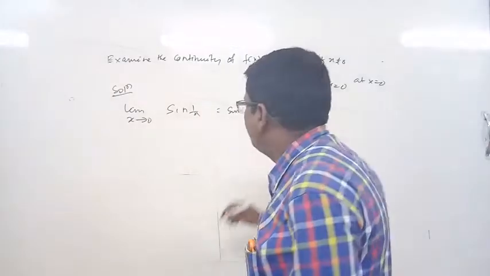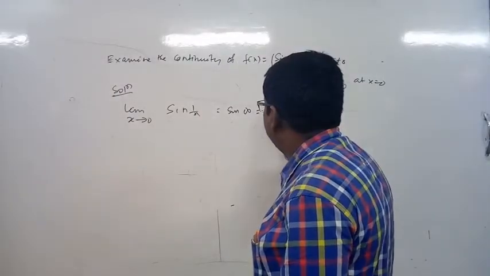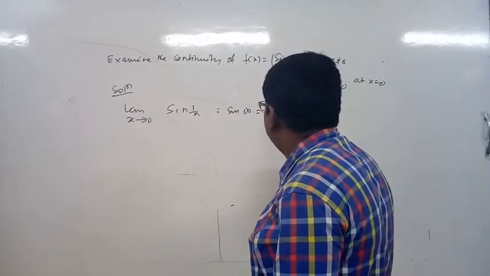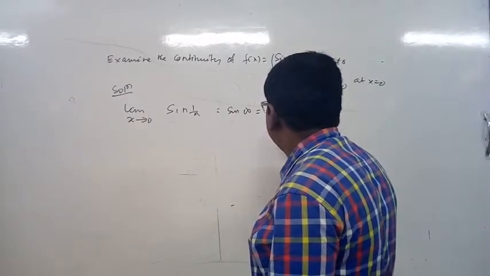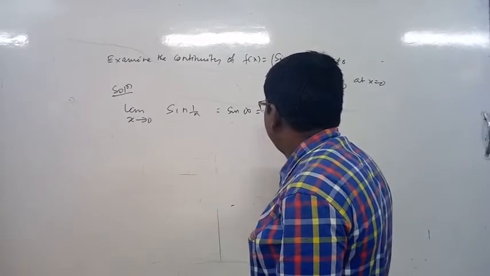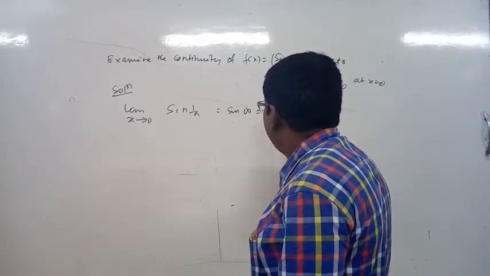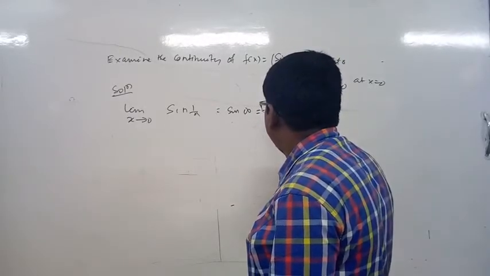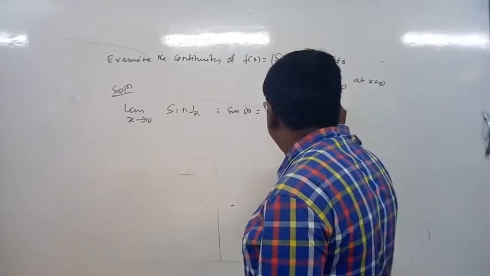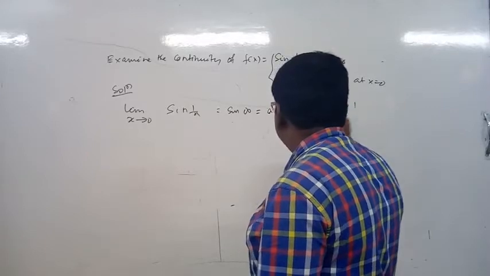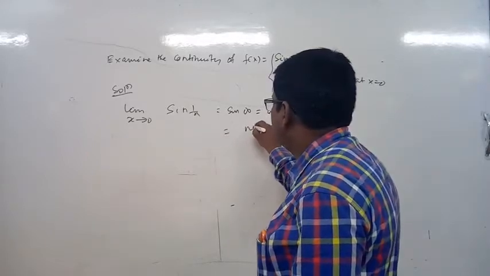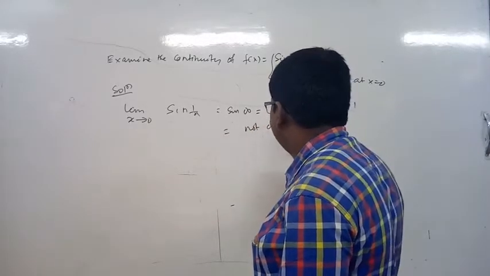Sin infinity means a value, a number, of sin infinity oscillates or lies between minus 1 to plus 1, not definite.